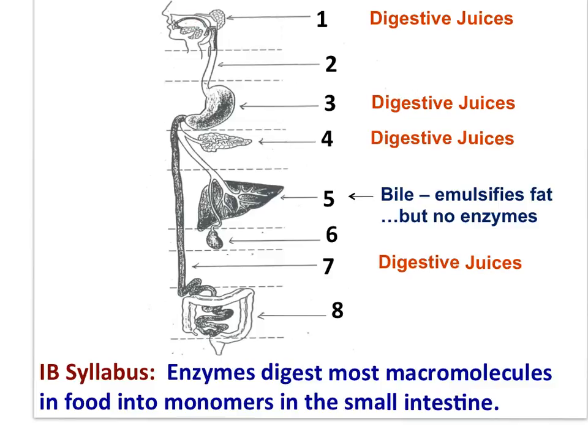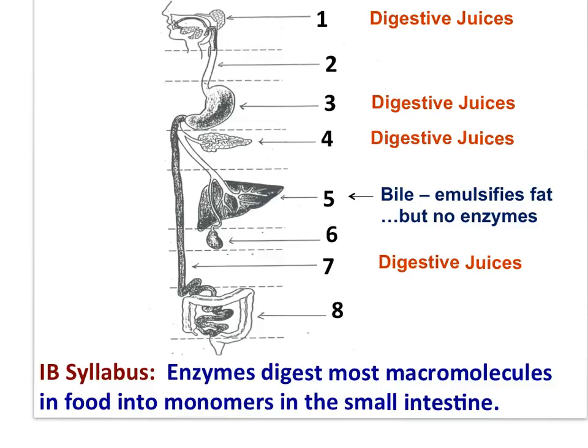The mouth, the stomach, the pancreas, and the small intestine all manufacture digestive enzymes, and that's why I've labeled digestive juices in red. Bile, manufactured by the liver, stored in the gallbladder, does not have any enzymes.